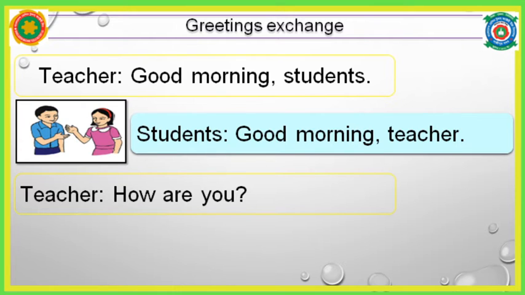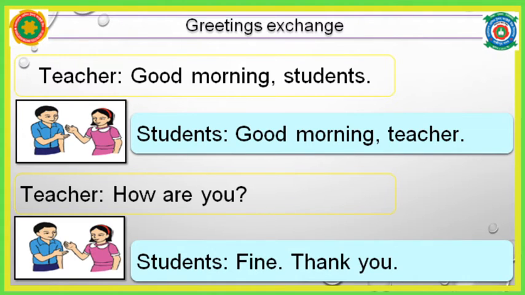Here is a dialogue for you. Teacher says, "Good morning, students." Then students reply, "Good morning, teacher." Then the teacher says, "How are you?" Students: "Fine, thank you." So this is the etiquette, how you can exchange greetings.